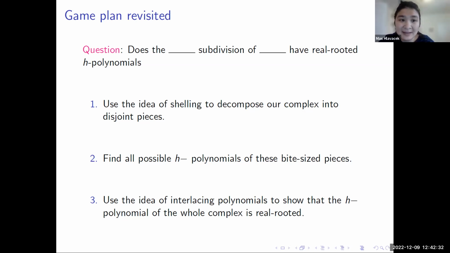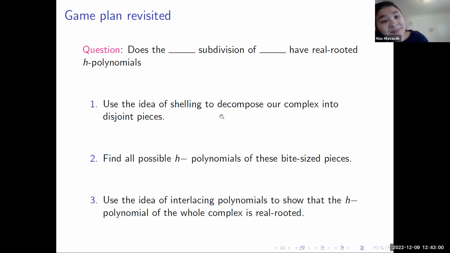And we can still use the same game plan. Maybe it might not work, but we can at least attempt. So we can use the idea of shelling to decompose our complex into disjoint pieces. We can find all the h-polynomials of these bite-sized pieces. And if we're lucky, then these h-polynomials form an interlacing sequence, and then the h-polynomial of the whole complex is real-rooted. So we tried putting a few other collections of words into these blanks.